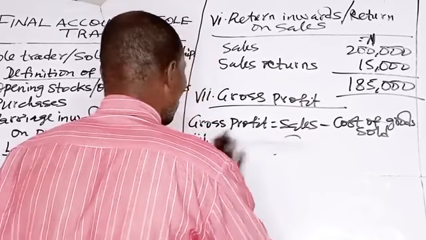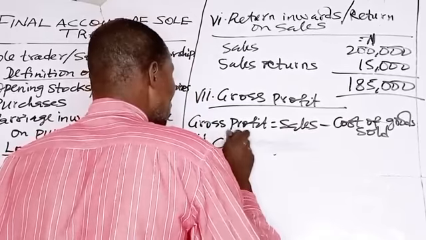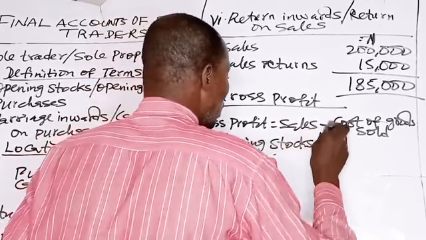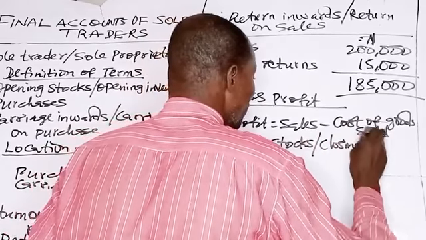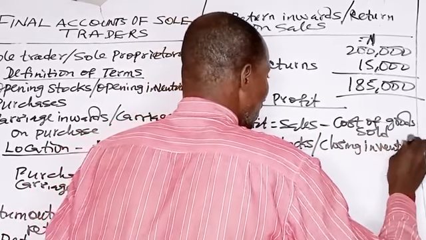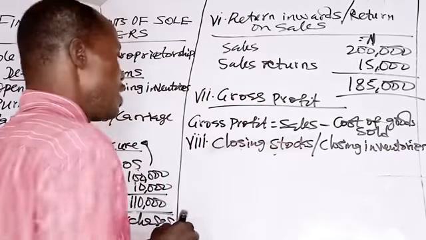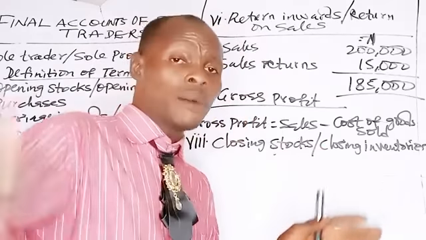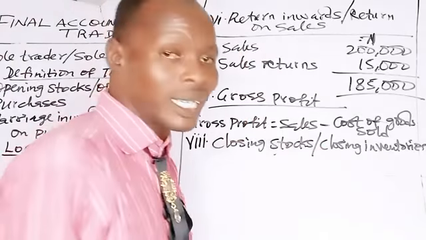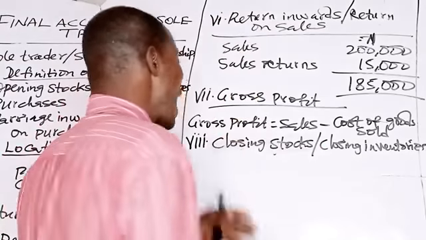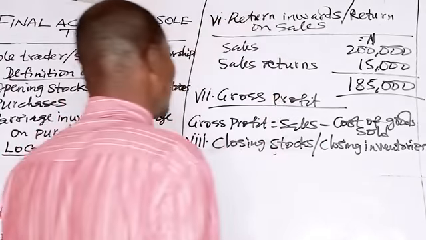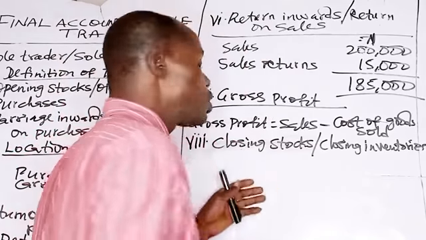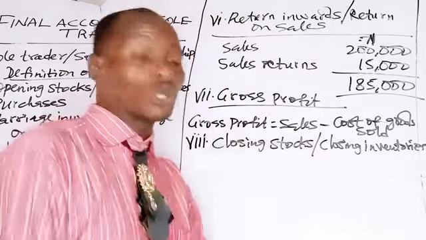Before I examine cost of goods sold, let me examine closing stocks, or closing inventory. Closing stocks is the stocks in hand at the end of the trading period, the ones that remain unsold.